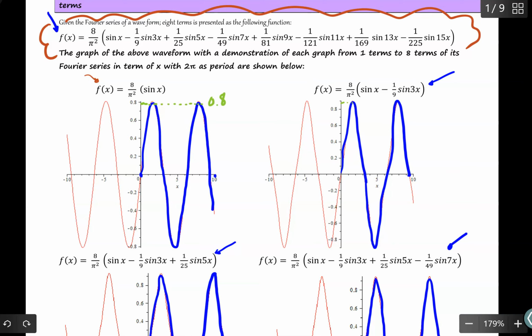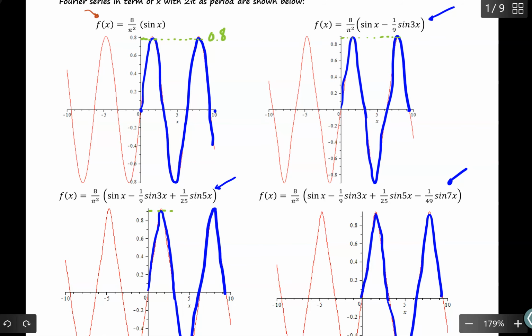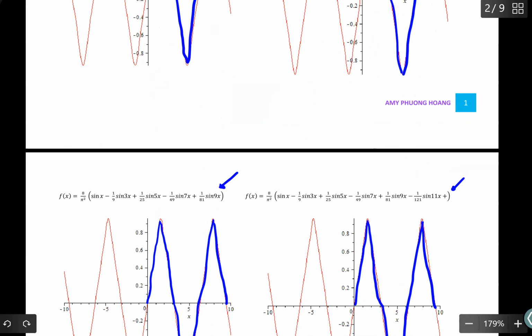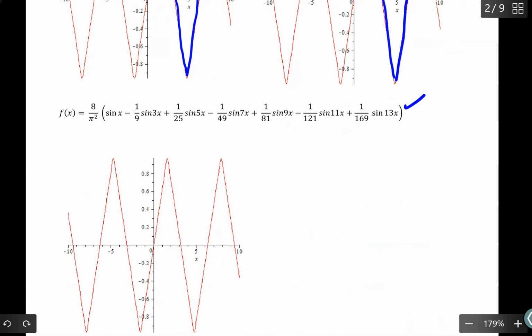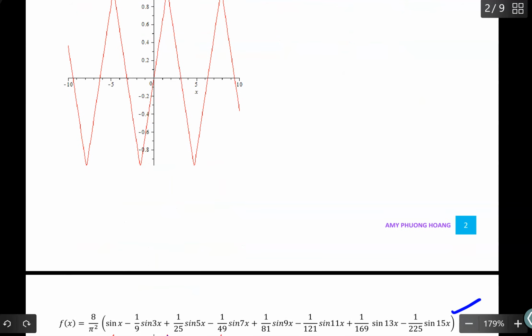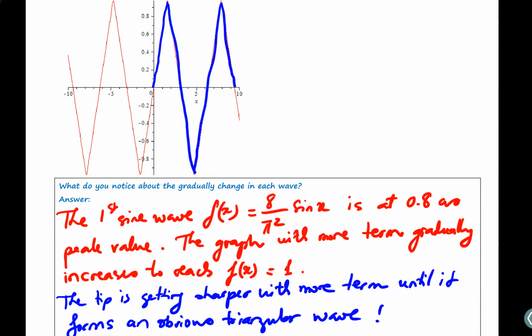This one is getting higher than 0.8, and even higher, until I see that I'm reaching a value almost equal to 1. So what do you notice about the gradual change each time?